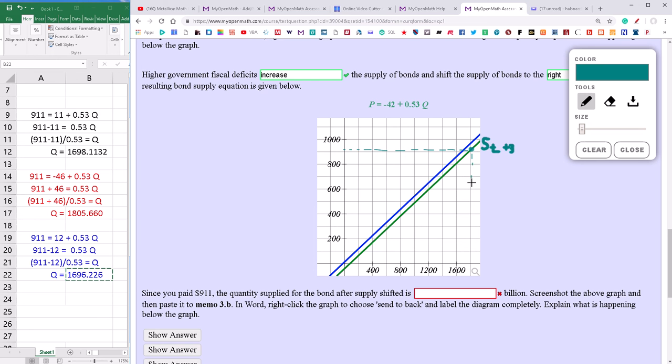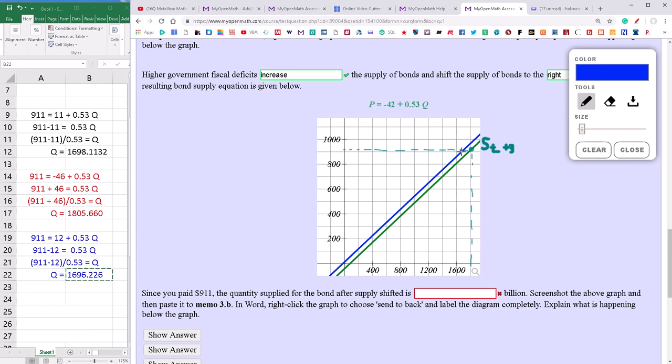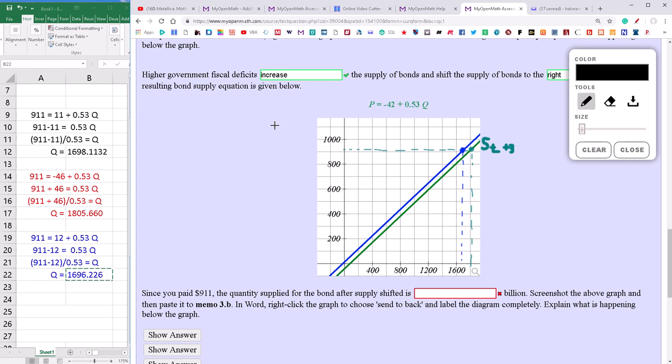It looks like it's just above 1700, roughly. And then our previous quantity was right here at 911. The curve is labeled with P on the y-axis and Q on the x-axis.